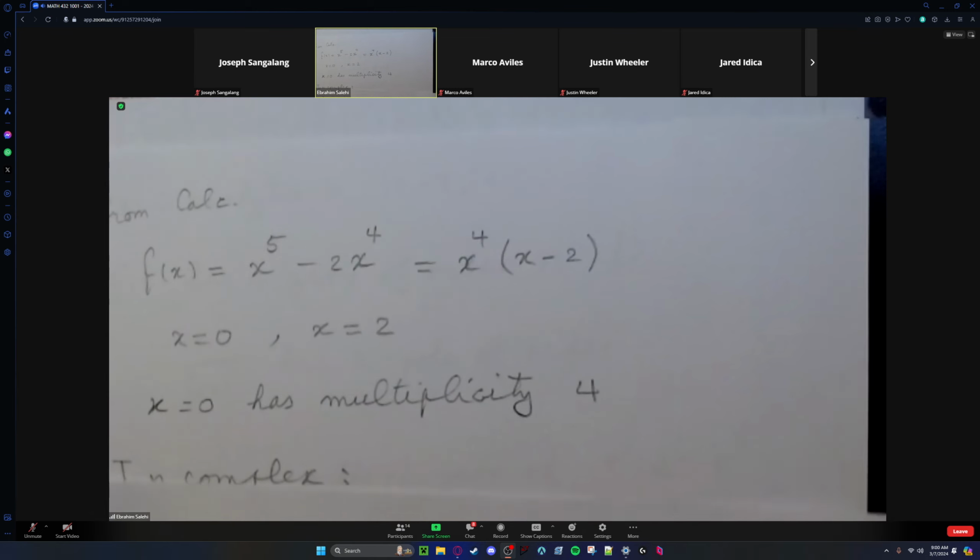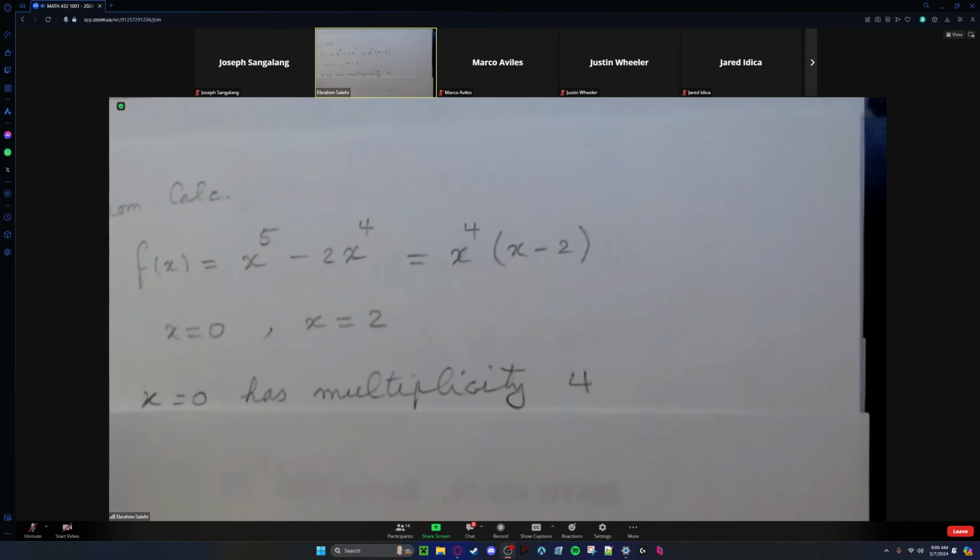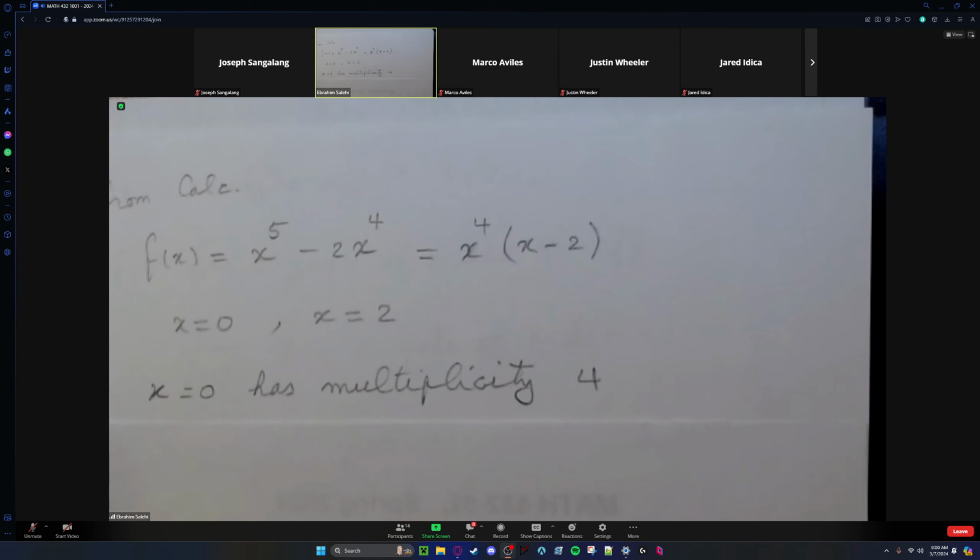I'm going to talk about zeros, because with zeros and poles, there is a very interesting relationship between poles and zeros of a function. Remember, poles are in the denominator, bad points in the denominator, but zeros are something else. So what is the definition of a zero of a function? Well, in calculus, let's say we have a function like this.